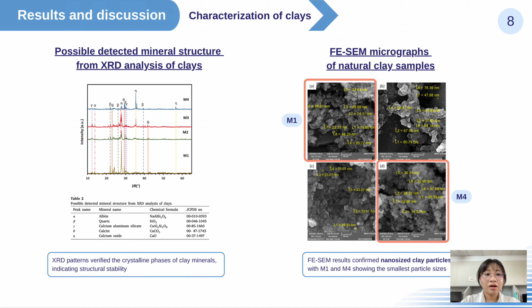The figure on the left shows XRD patterns, which verify the crystalline phases of clay minerals, and the images on the right shows FESEM micrographs, revealing nano-sized clay particles with M1 and M4 having the smallest particle size.